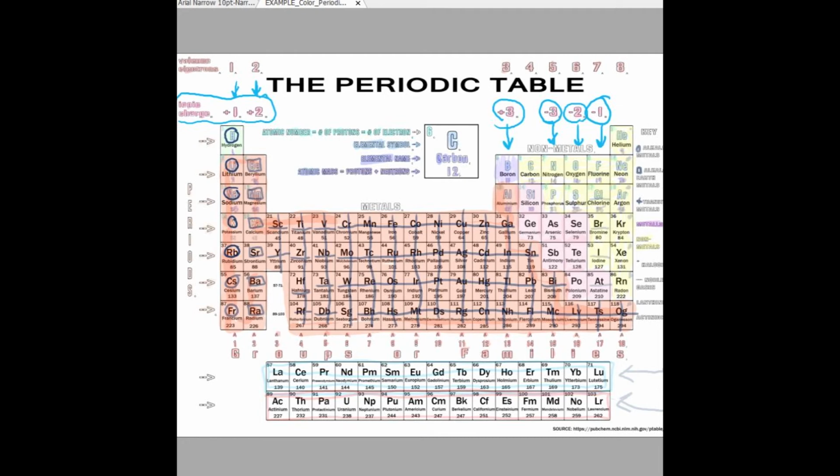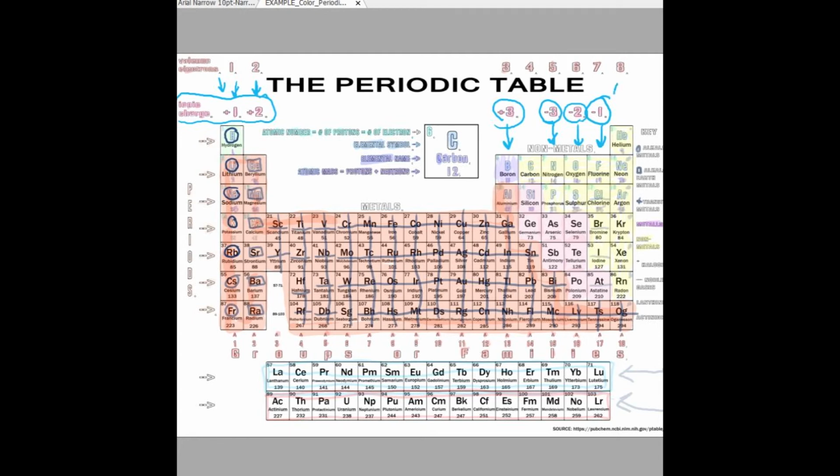So any of these elements for group 1 is going to have a +1 charge: hydrogen, lithium, sodium, potassium, rubidium, cesium, and francium.